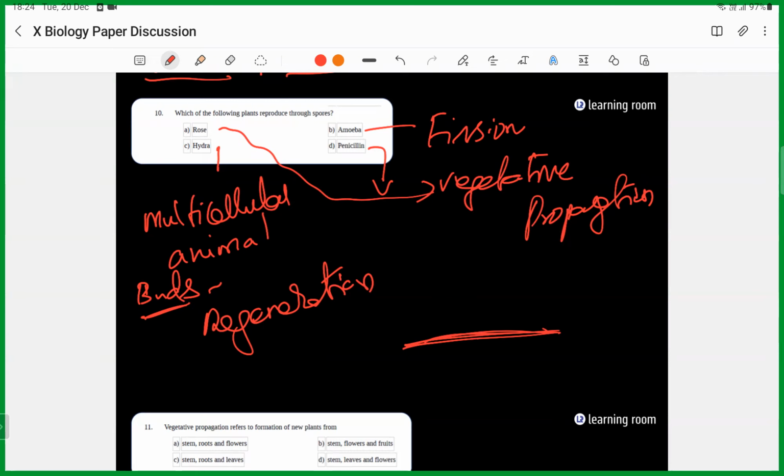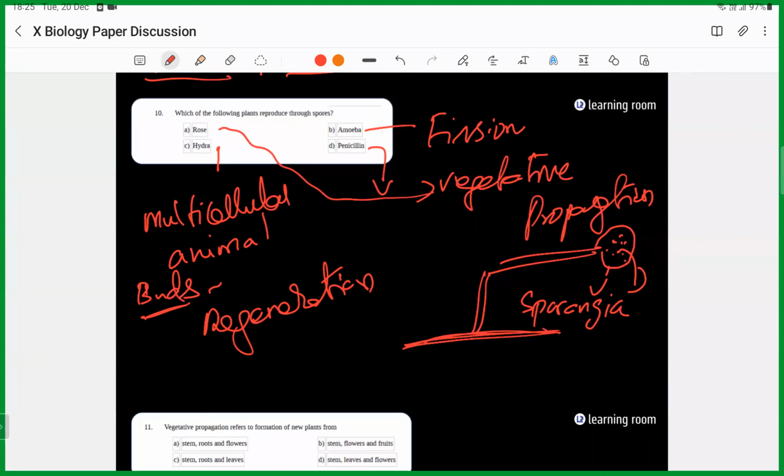It produces hyphae in its body, and then sporangia, and then spores are produced. These spores are released and develop into the organism.